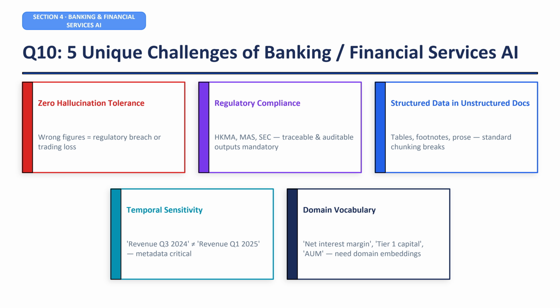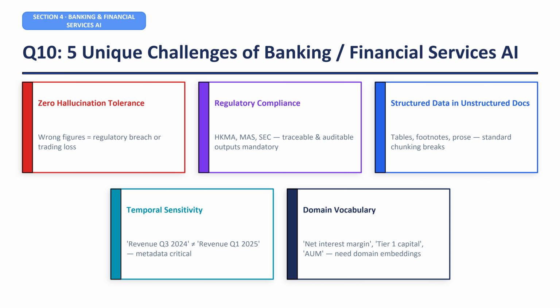Four: temporal sensitivity. Revenue in quarter 3 2024 and revenue in quarter 1 2025 are different facts. Your retrieval system must use metadata filtering by date to ensure it never confuses historical data with current data.